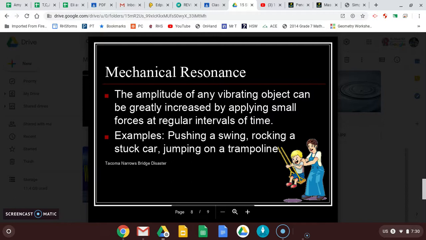clips of somebody breaking glass with their voice, like a crystal glass or something like that. What's happening is their vocal cords are providing sound waves that provide the forces at just the regular intervals, which we really call the frequency, to make that glass shake.